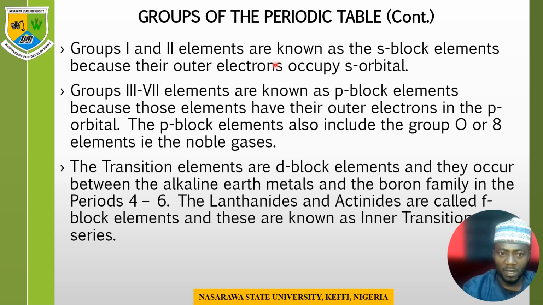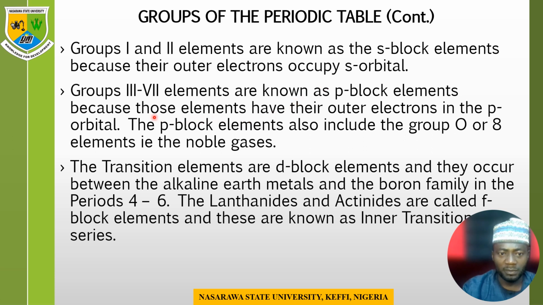For example, group 1 and group 2 elements are known as s block elements because their outer electrons occupy the s orbital. If you write the electronic configuration of these elements in the s block, you discover that their last orbital would be the s orbital.